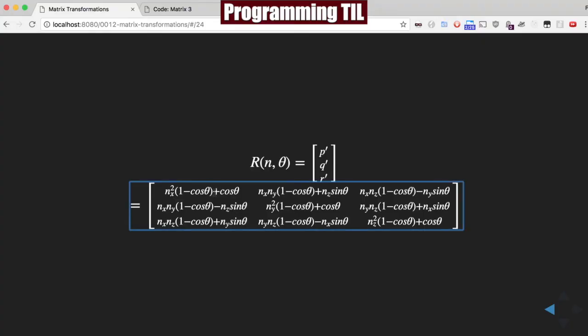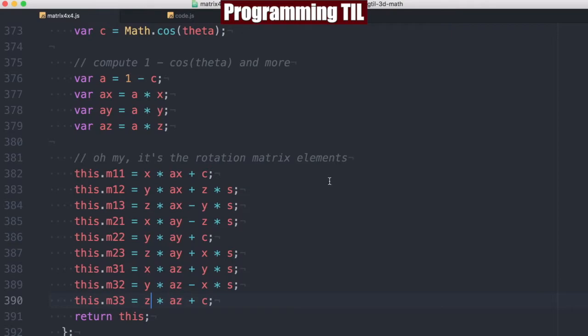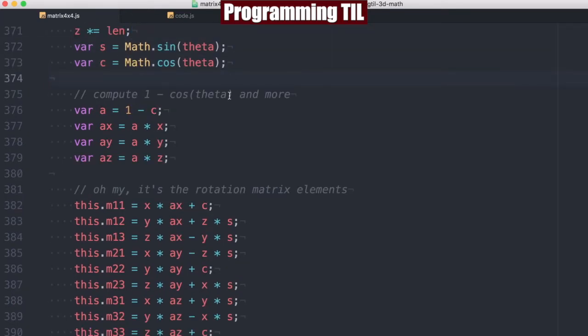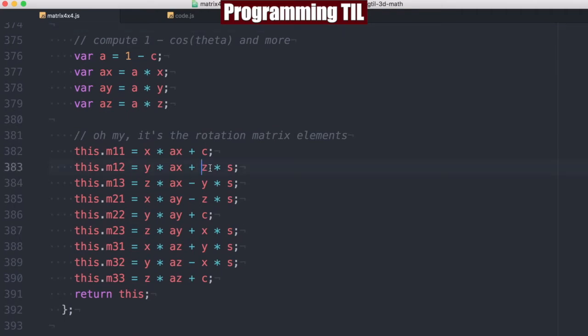And then finally, we have the plus cosine, the plus z sine theta, the minus y sine theta. So we have the plus c, which is the cosine theta right here. Then we have the z times sine of theta minus y sine of theta.